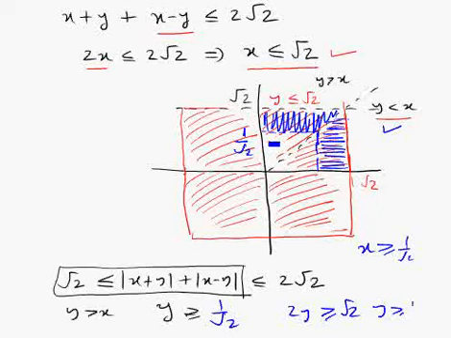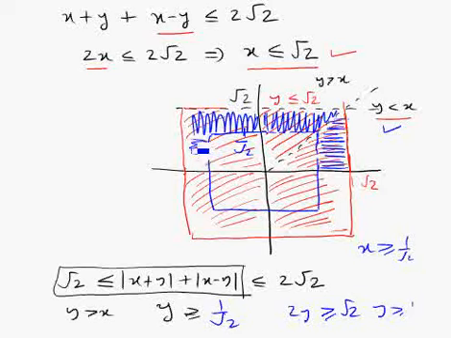If we take symmetry in both the axes, like we took for the other case, we get the region outside the inner square but bounded by the outer square.